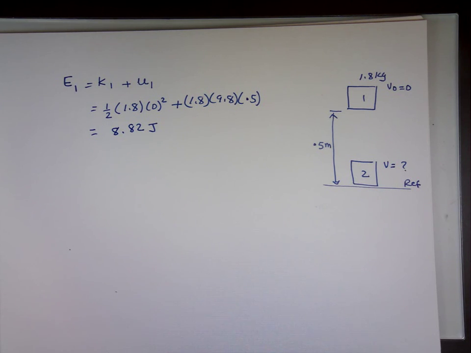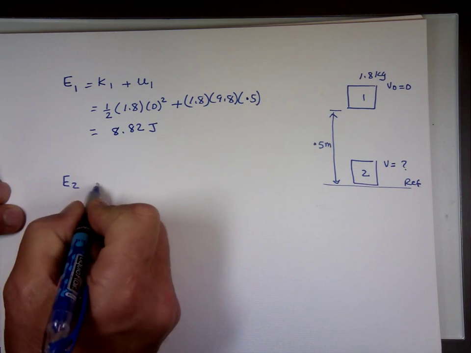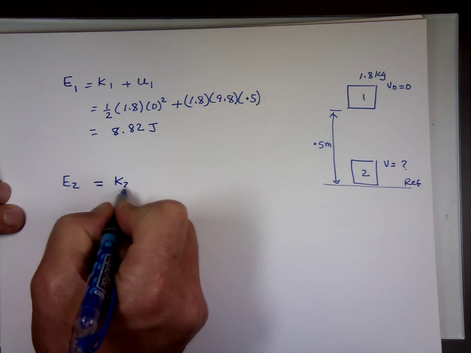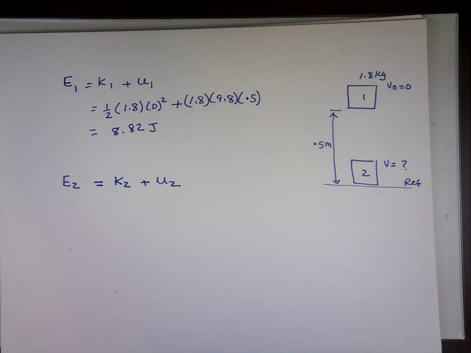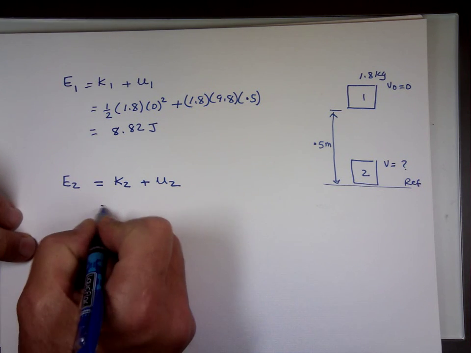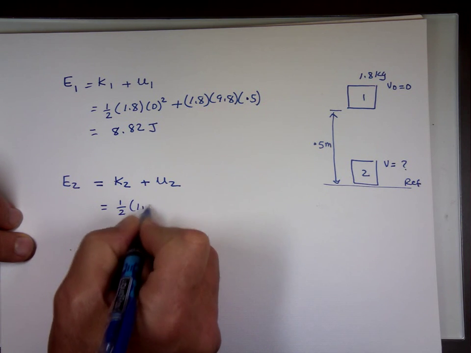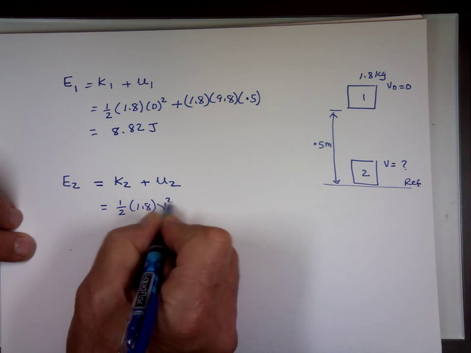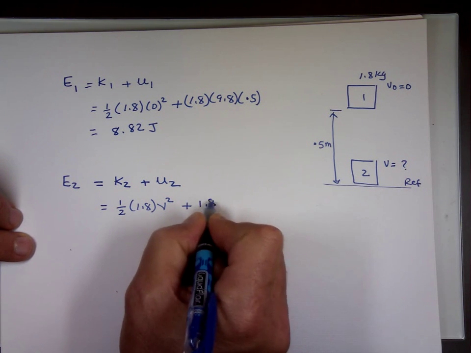What about spot 2? Kinetic energy at 2, potential energy at 2. The kinetic energy is 1/2 the mass, 1.8, times the velocity squared, which we're looking for, plus the potential, which is the mass 1.8 times gravity 9.8 times the height, which is 0 there.